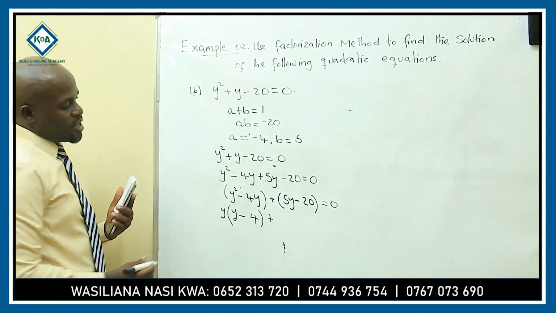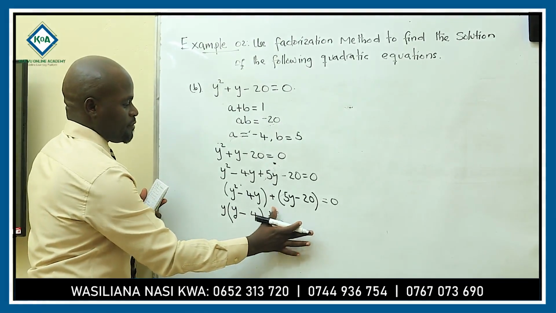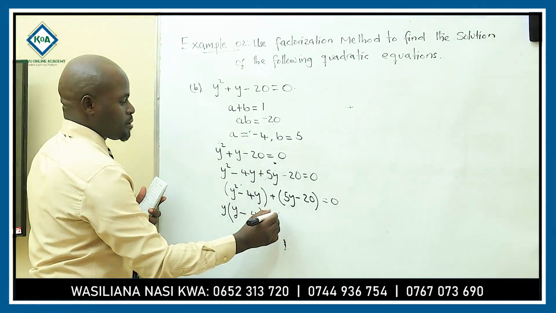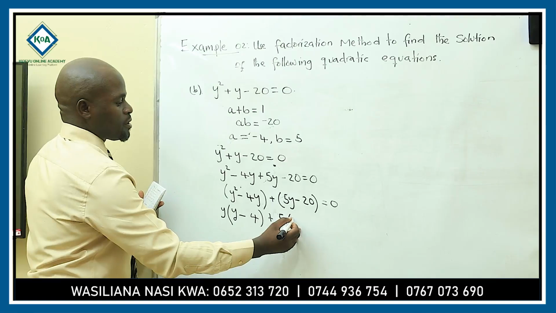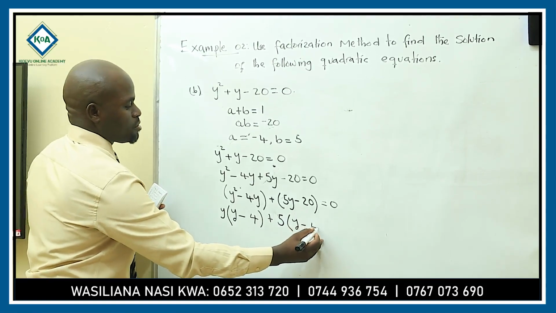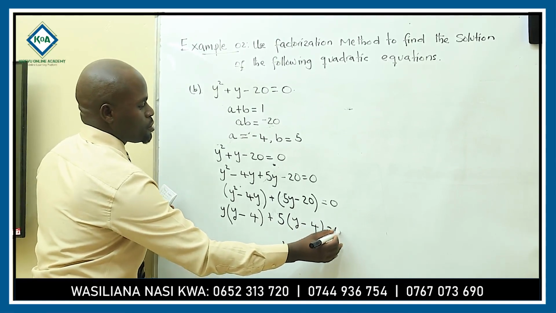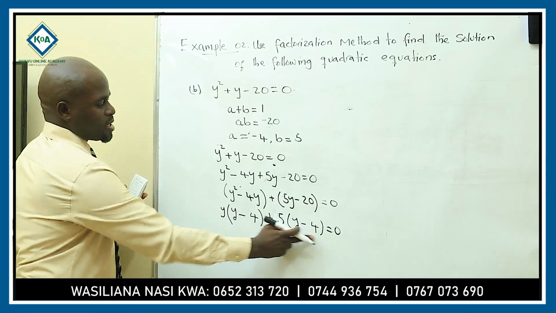The common factor here will be 5. 5 is out. If 5 is out, here will remain y minus 4, equal to 0. And you see the numbers inside the bracket now are the same.